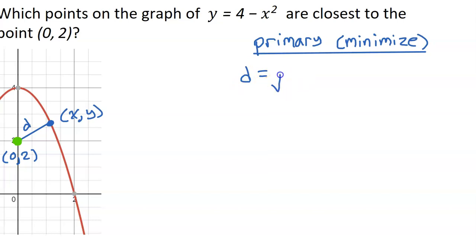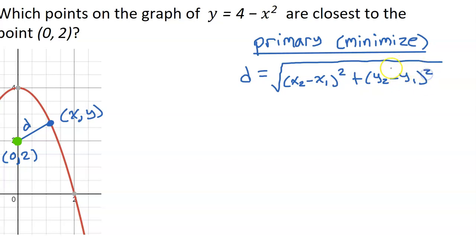This is a formula that will not be given to you, so make sure that you have it memorized. The distance between 2 points will be the square root of (x2 minus x1) squared plus (y2 minus y1) squared, where x1 and y1 will be the coordinates of one point and x2, y2 will be the coordinates of another point.